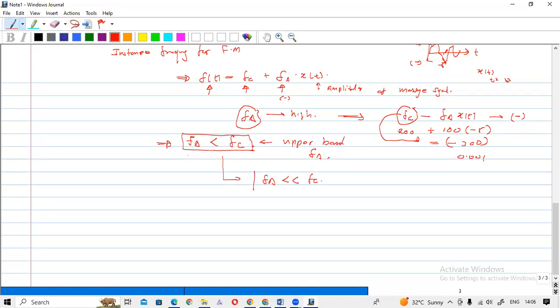We need to fulfill this requirement to keep the modulated signal in passband, or to keep the passband properties of the modulated signal.